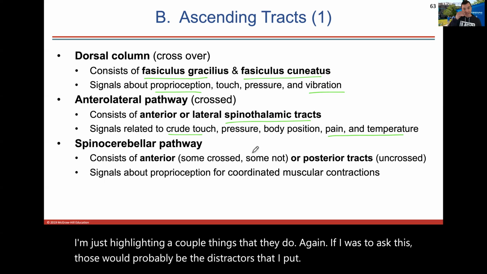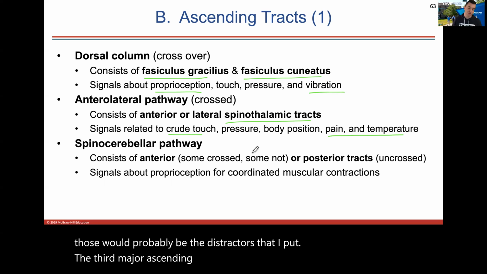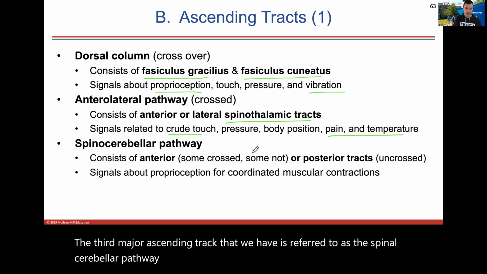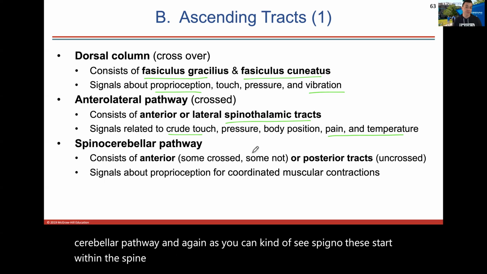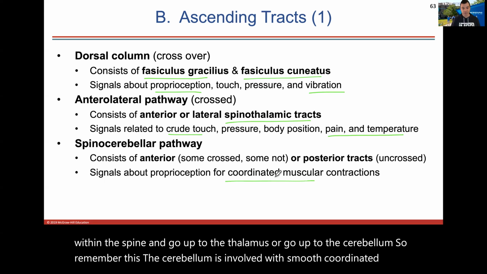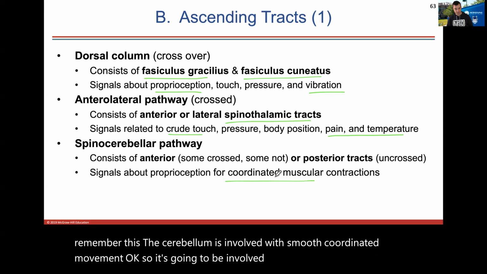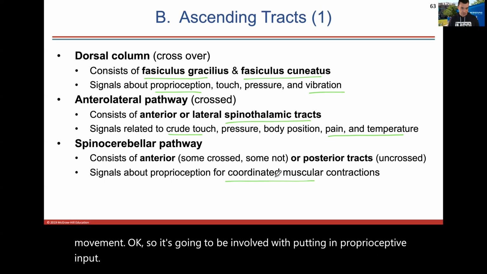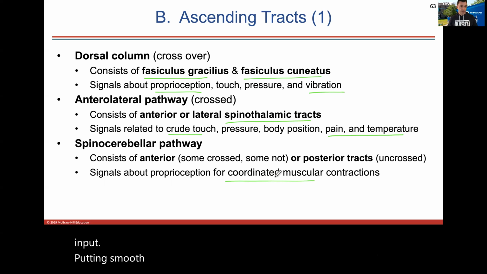The third major ascending tract that we have is referred to as the spinocerebellar pathway. And again, as you can see, spino, these start within the spine and go up to the thalamus or go up to the cerebellum. So remember, the cerebellum is involved with smooth coordinated movement. Okay, so it's going to be involved with putting in proprioceptive input, putting in smooth coordinated movements so you can smoothly interact with your surroundings.